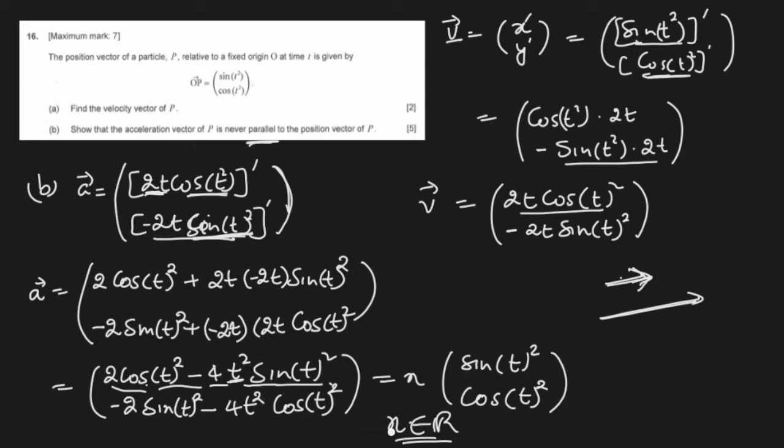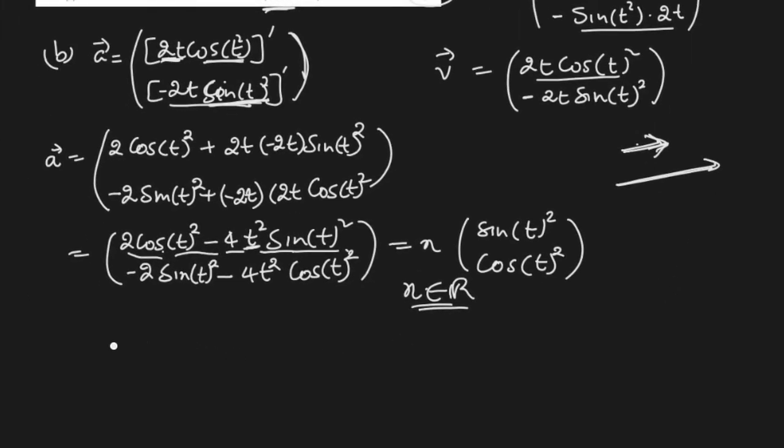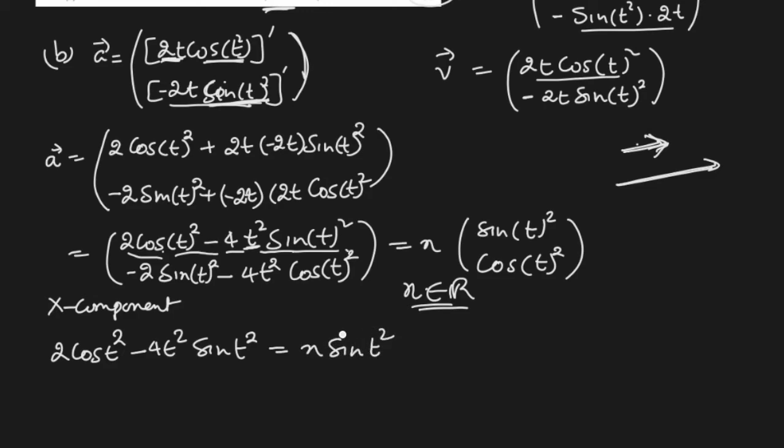But in case you want, because this is worth 5 marks, you can make an equation out of this. So 2 cos t square minus 4t square sine t square, I'm comparing the x component, equal to n sine t square. I am assuming that it is a multiple.